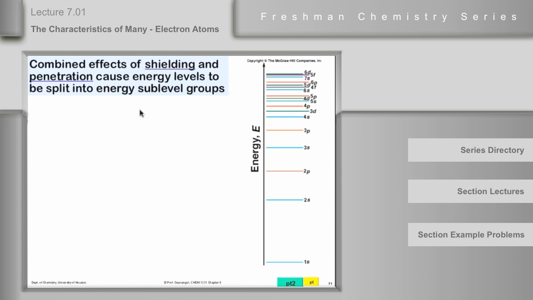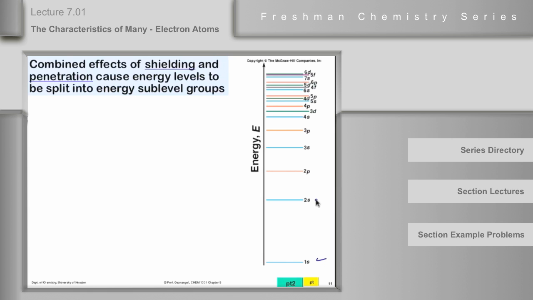Okay? So the combination of shielding and penetration and the other Coulombic effects breaks the subshells apart in the way that's shown here. The 1s is by itself because it's the only subshell in the n is equal to 1 shell.